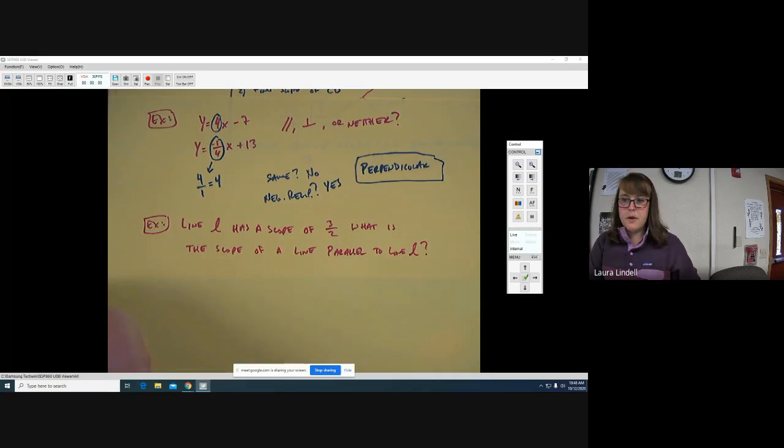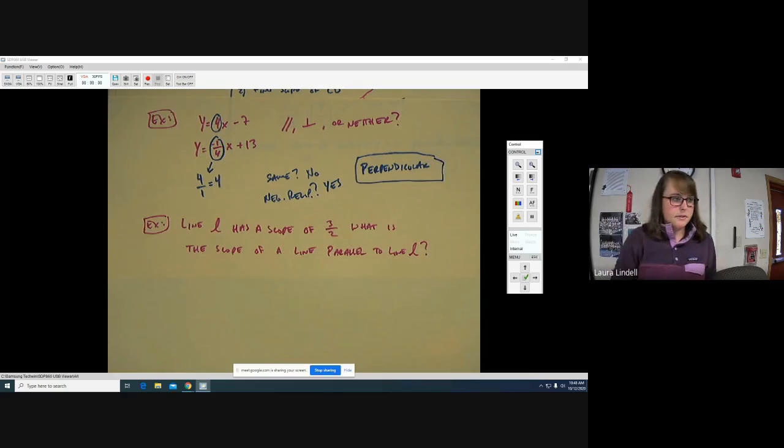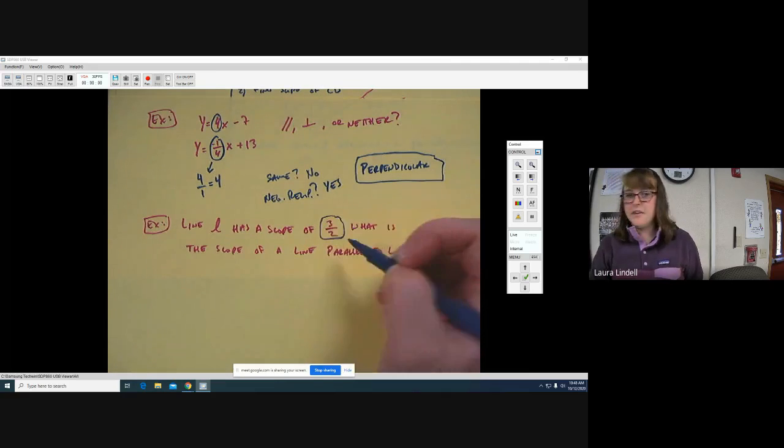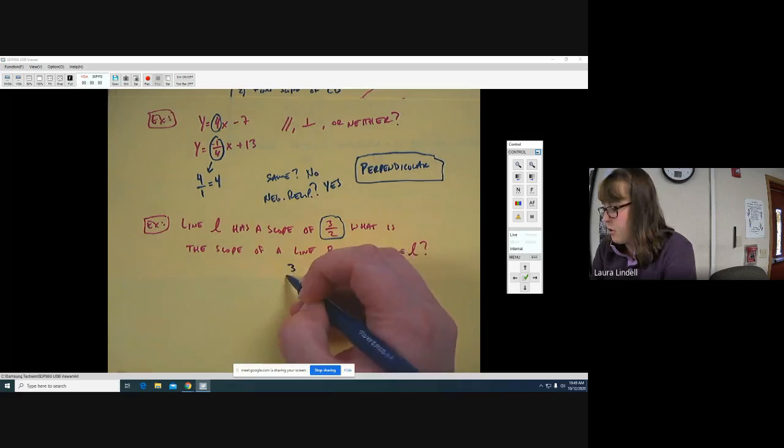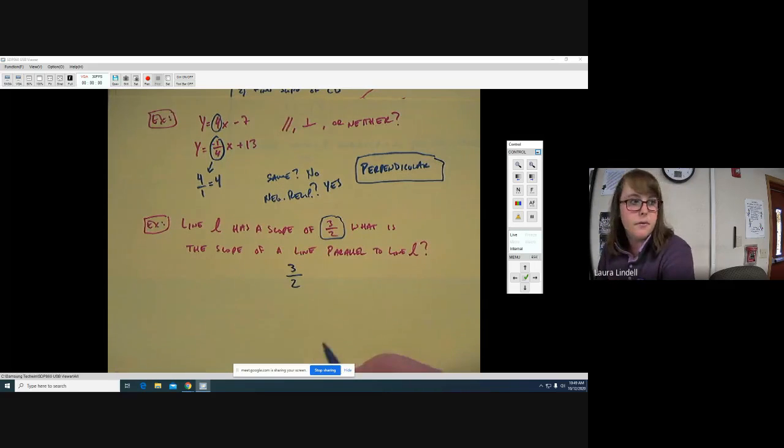Well, if it has a slope of 3/2 and parallel lines have the same slopes, what's the slope of our new line? Yeah, also 3/2. So this one is easier than it seems. The slope of our new line would be 3/2.